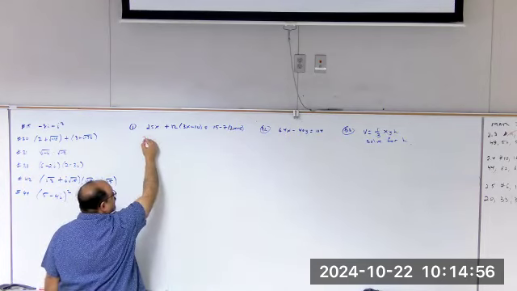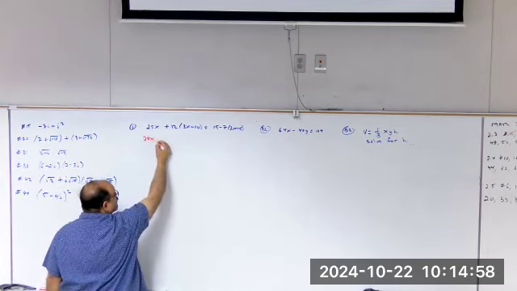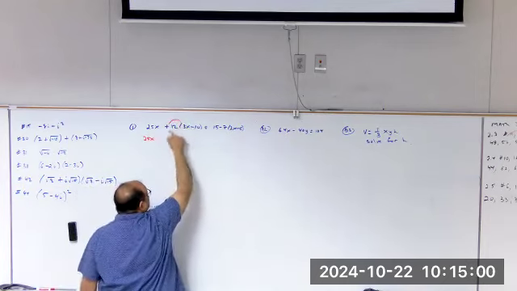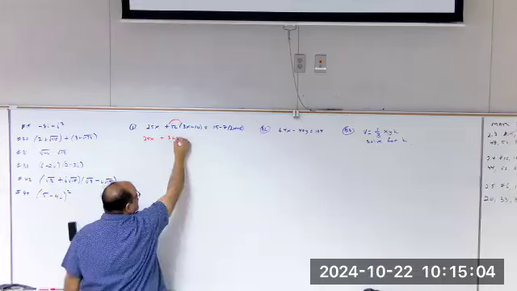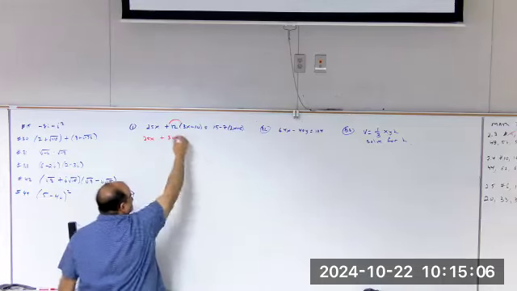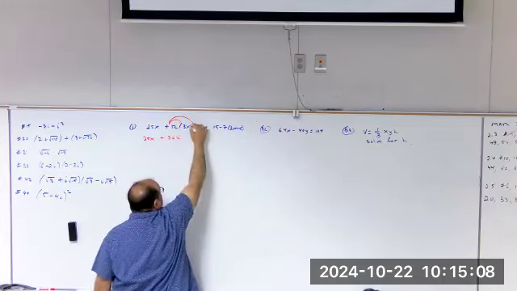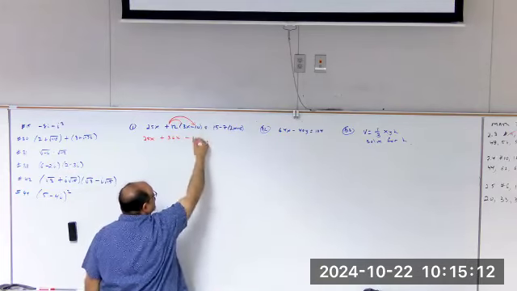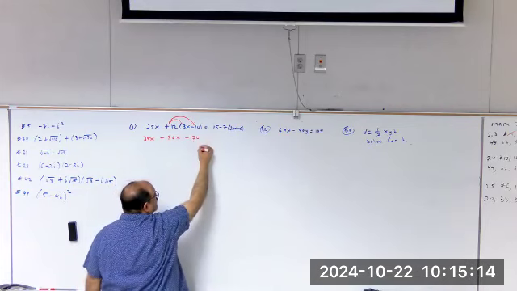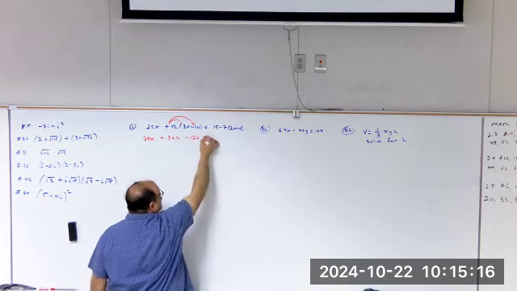Bring down 25x. And then positive 12 times 3x is positive 36x. And then positive 12 times negative, so it's going to be a negative. 12 times 10 is 120. Equal.